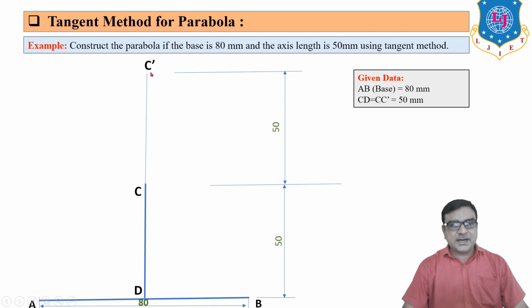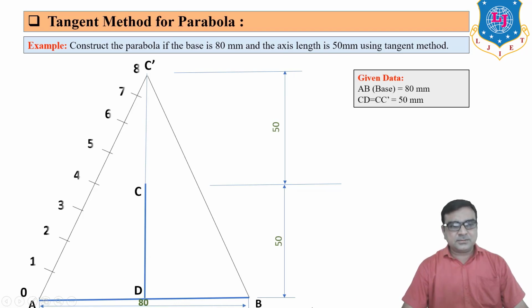Now join this C dash to A and B. Now divide C dash A and C dash B into n number of equal parts. So I divide into 8 equal parts, starting from 0 at the bottom, then 1, 2, 3, 4 up to 8. The other line is also divided into 8 equal parts and numbered 0 dash, 1 dash, 2 dash up to 8 dash.